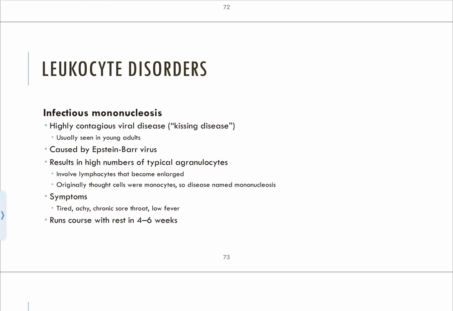Many of these lymphocytes are really large and atypical. They originally thought that the lymphocytes were monocytes because of how large they were. That's why it's called infectious mononucleosis. But later they found out that it was actually lymphocytes, not monocytes, in huge numbers.